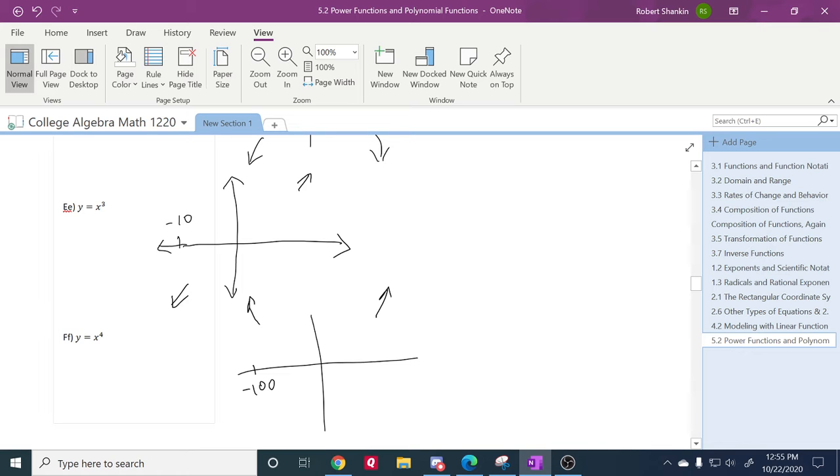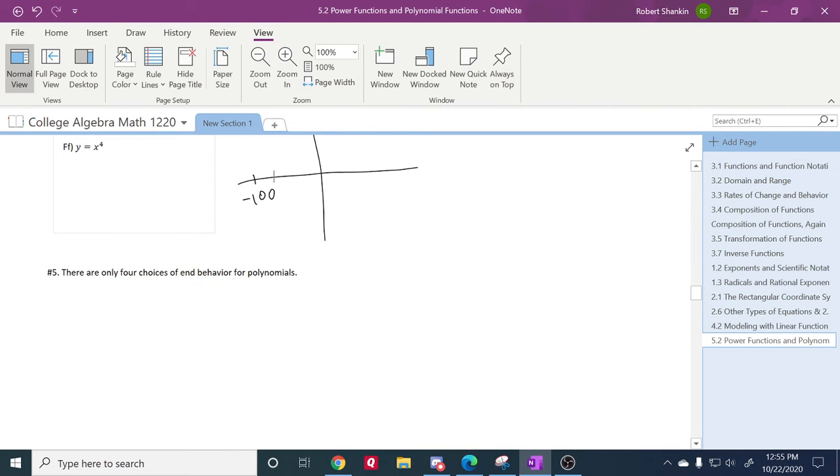All right. So we can quickly analyze end behavior. Now these are called power functions when it's just x to a power. So that's the beginning part of the title here, power functions and polynomials. And understanding how power functions work with end behavior is the beginning of this.